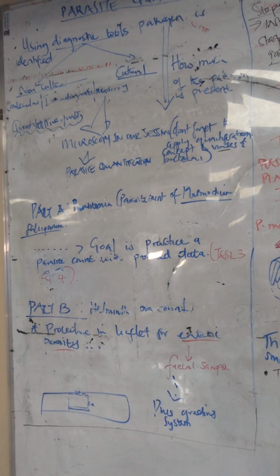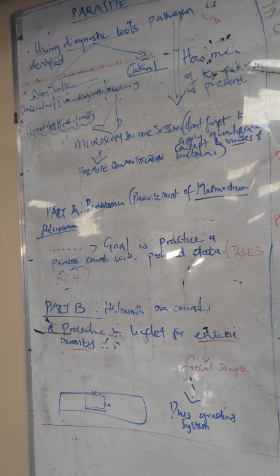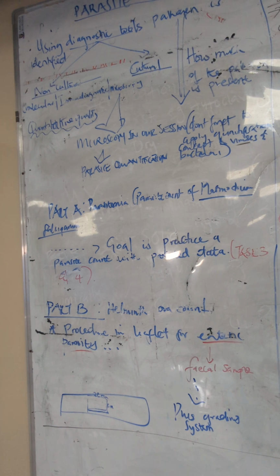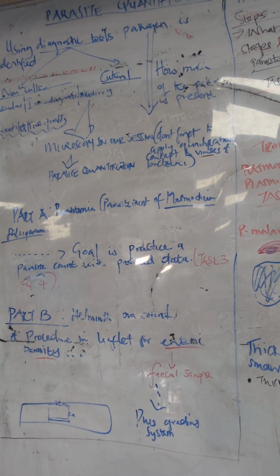With that being said, our lab is divided into two parts, part A and part B. I mentioned in the lab that part A was really the bulk of it.